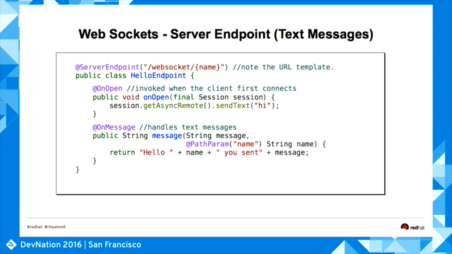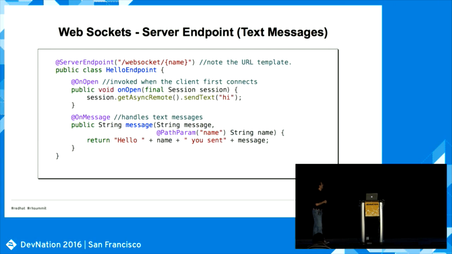And what we do there, you can see, I get back the session, and asynchronously, I will send back a reply. Again, you can do it synchronously or asynchronously. And then whenever I receive a message, in this example, we just echo it back, and you can see it reads back the name parameter. So it makes it very easy to write basic WebSocket examples.